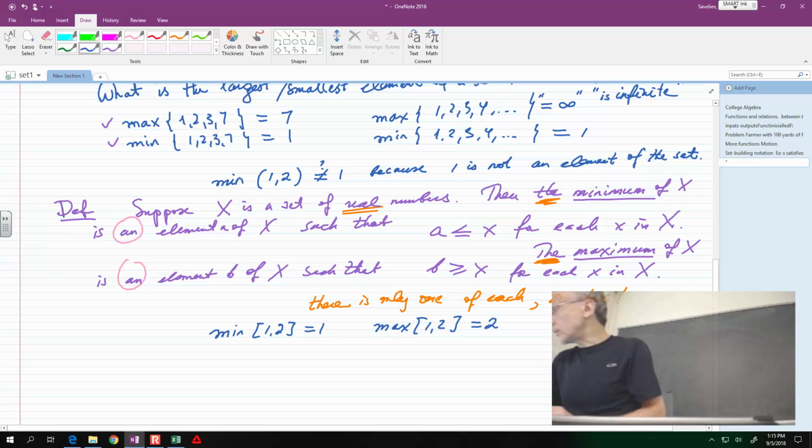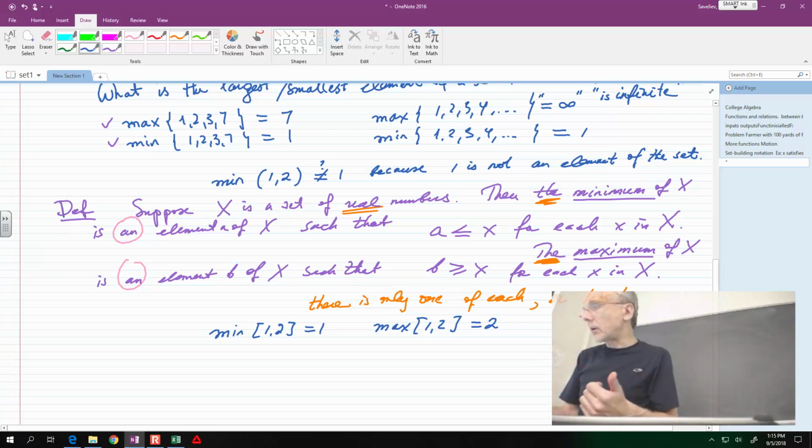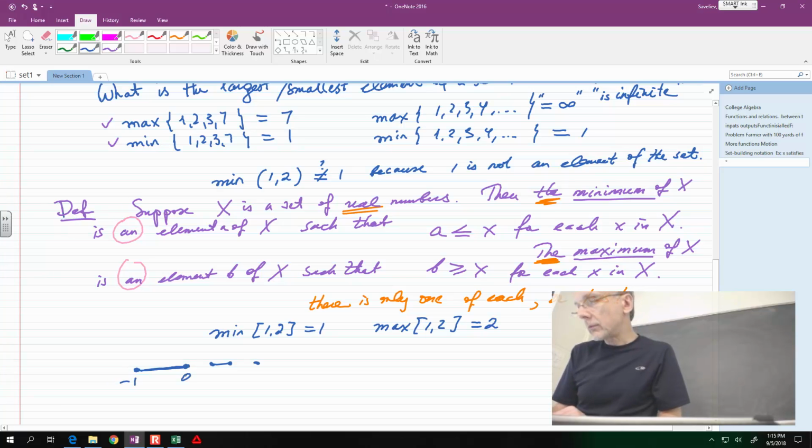I don't want to give you the impression that we somehow have to deal only with intervals. You can have any element of any nature, maybe like this interval, and then another interval, and then there is a point here. So say [-1, 0], then say [3, 4], and 5 and 6.